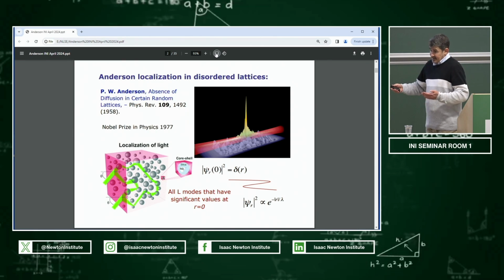But at some point, this initial spreading goes to saturation. The result of this saturation is that you obtain an exponentially localized wave function. In theory, you can show how the localization length depends on the degree of disorder and on the hopping matrix element. The important thing is that the localization is exponential.